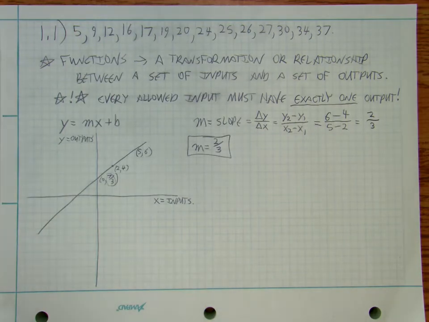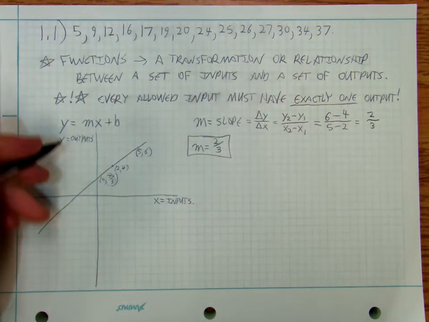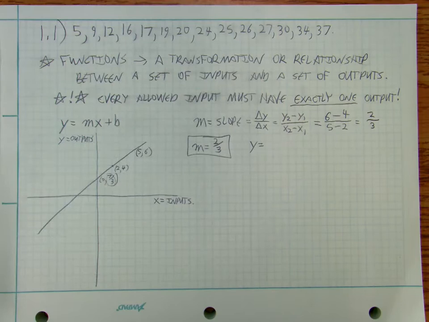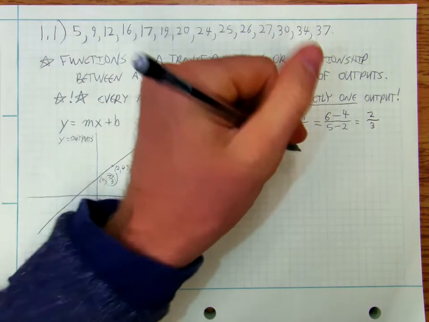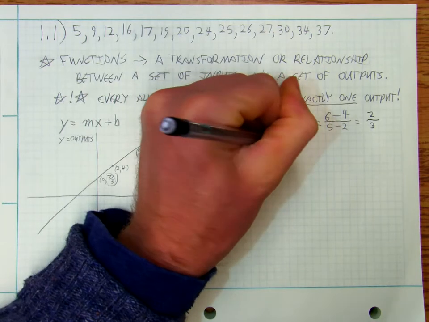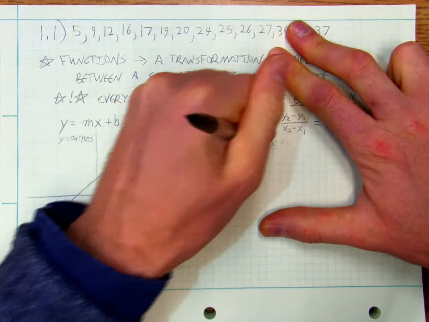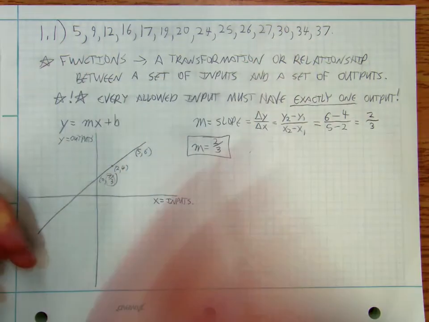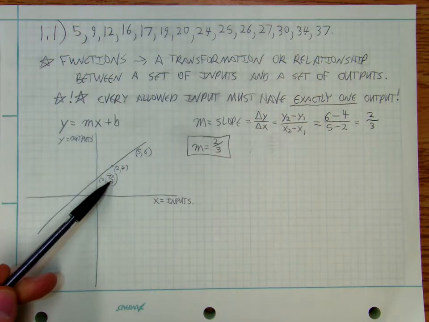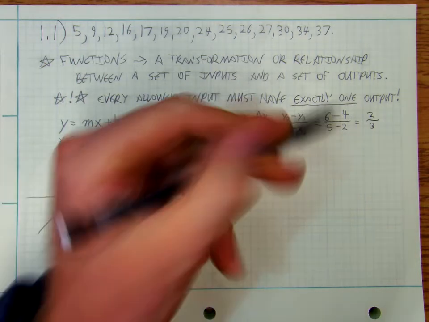And so then if I want to find b, I say that y equals 2/3 x plus b. Well, let's just plug in all the information that I have. Choose a point. I don't care which point. Not that one because we're going to fix that one. Let's choose 2, 4.